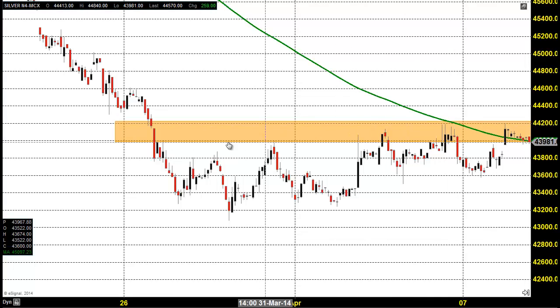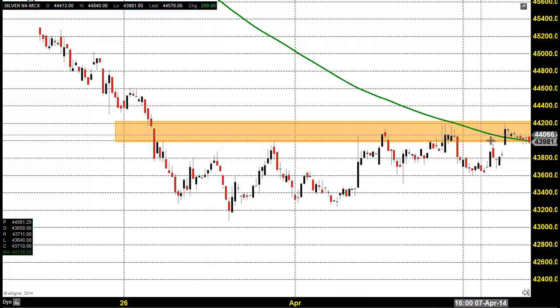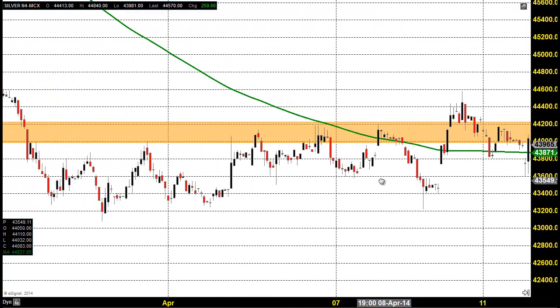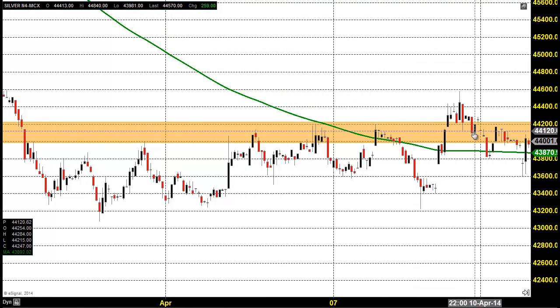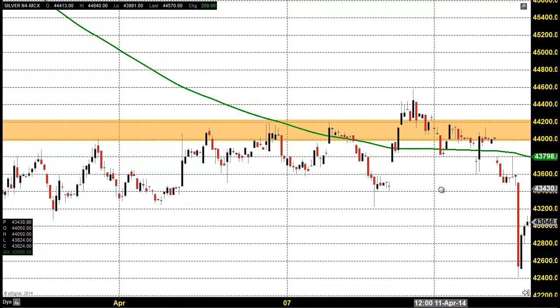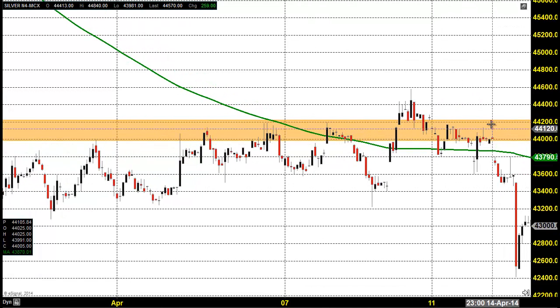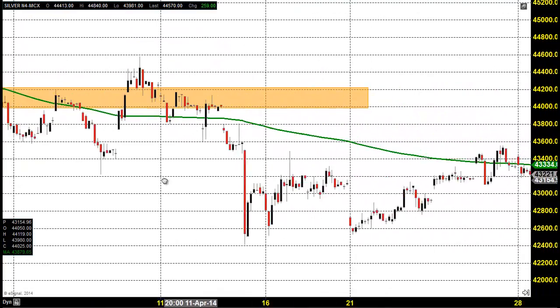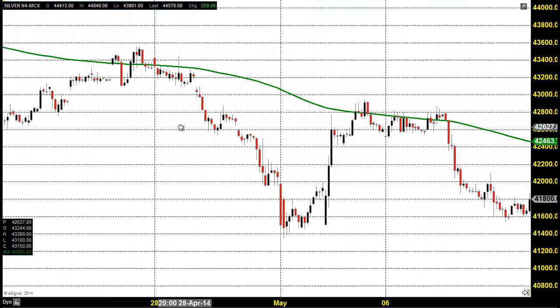Why are we going to focus on this zone? Because of what happened in March and April in this particular contract: you can see the price was constantly taking a resistance in this zone. A failure to stay above this zone of 44,000 and 44,020 pushed the market down in the long term.